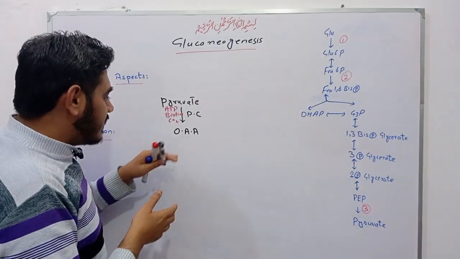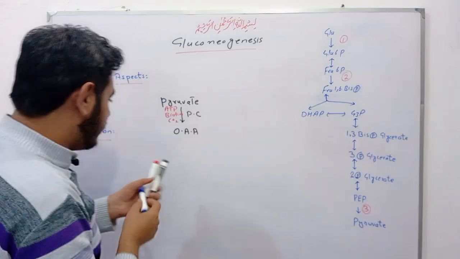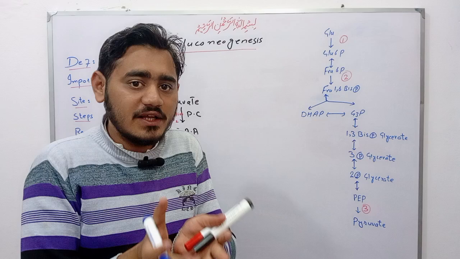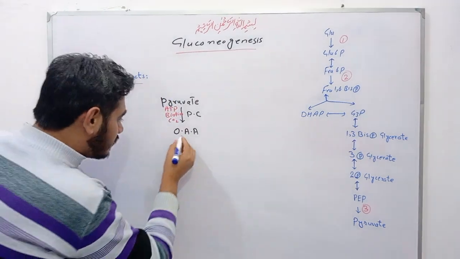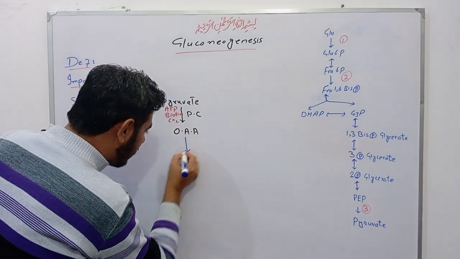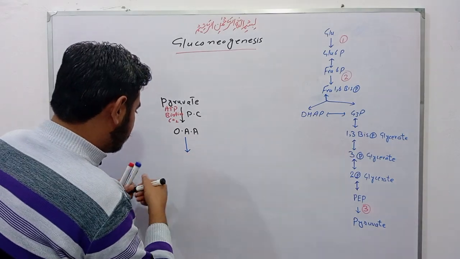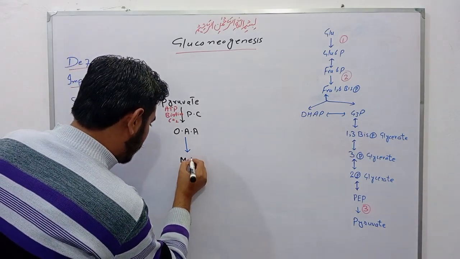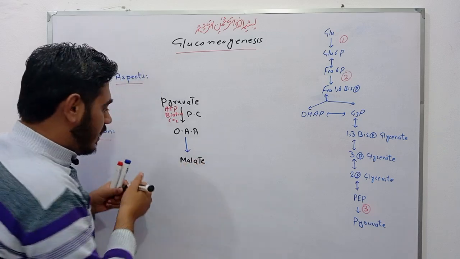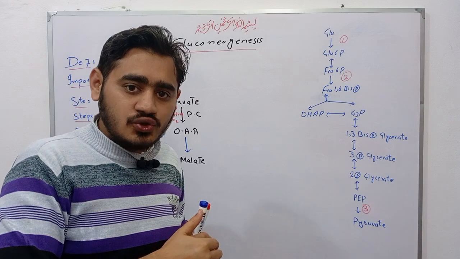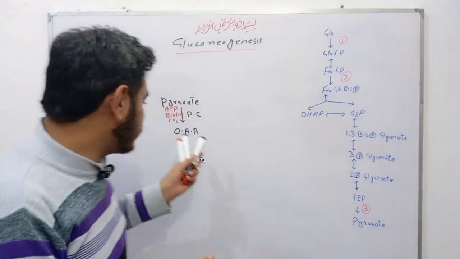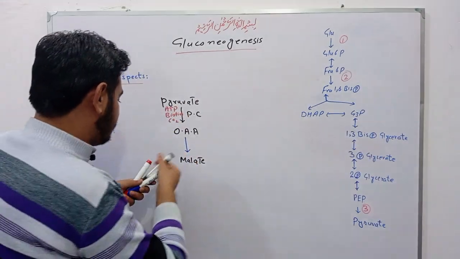The mitochondrial membrane is impermeable for this oxaloacetic acid, so it converts into malate. Now malate easily crosses the mitochondrial membrane and in the cytosol it converts into oxaloacetic acid.